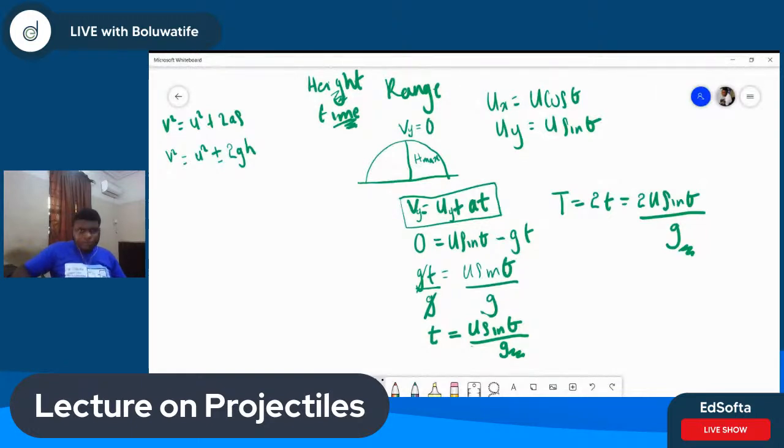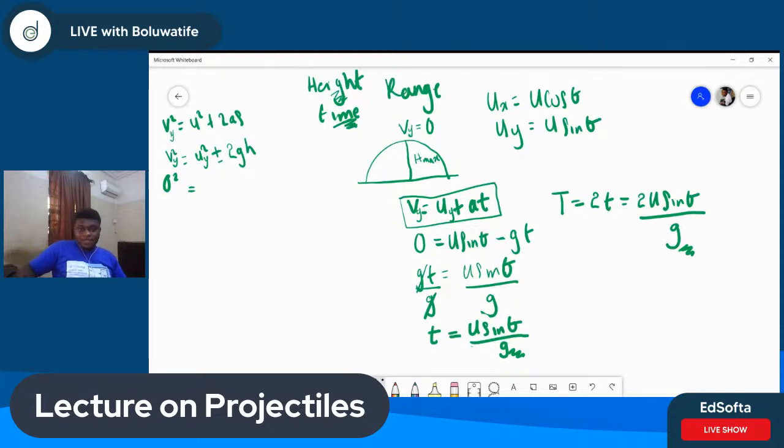Remember we're looking for the vertical height, so we're dealing with the vertical component. The vertical component of the final velocity, vy, is 0 at this point. So 0 squared equals, sorry, this should be uy also. This should be y because we are dealing in the y axis.